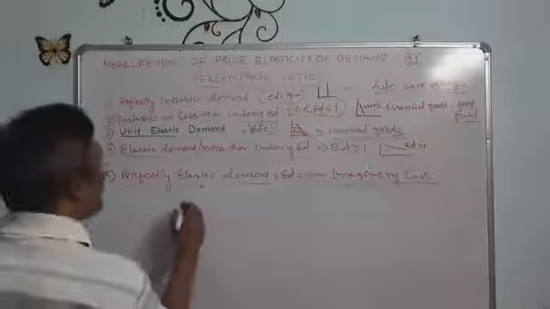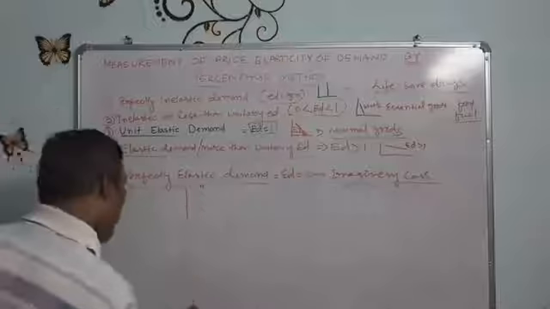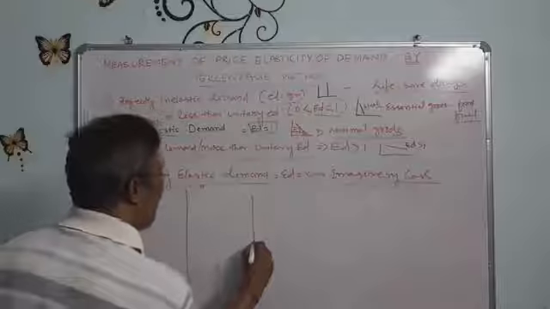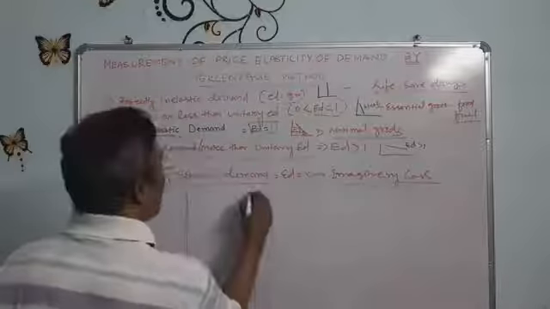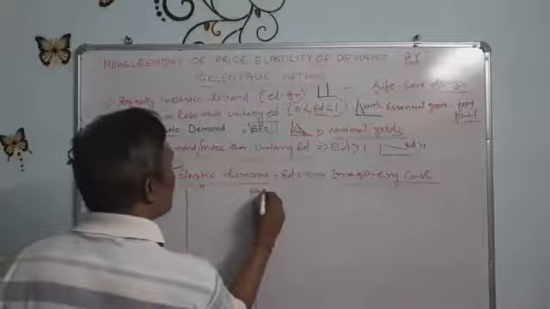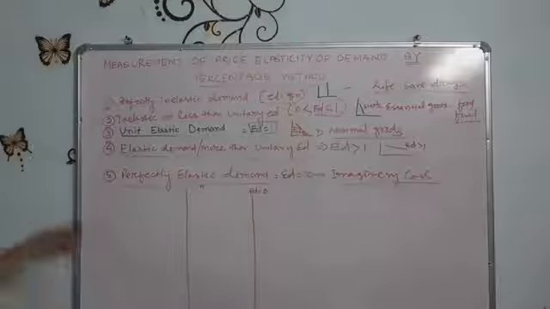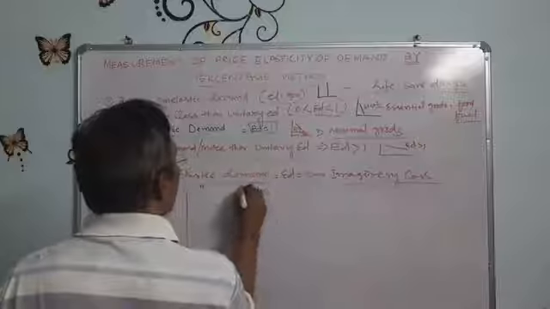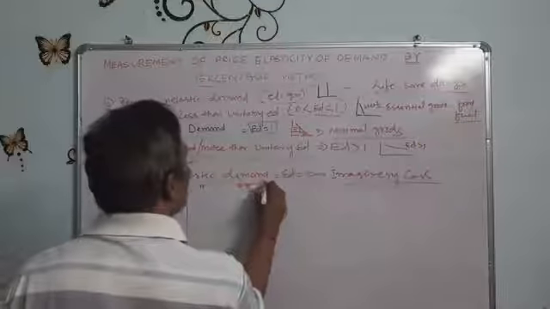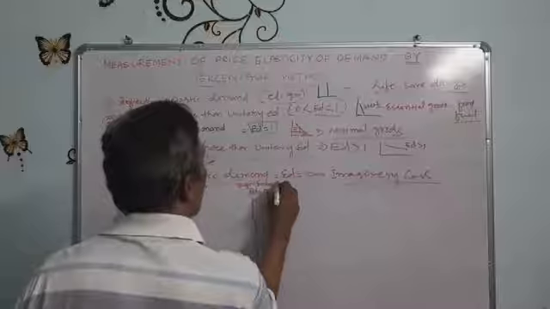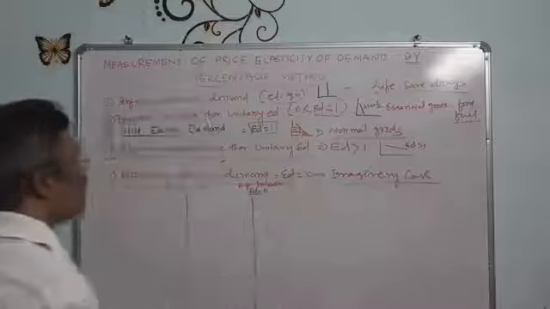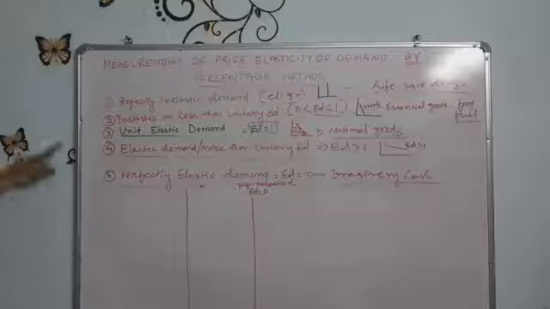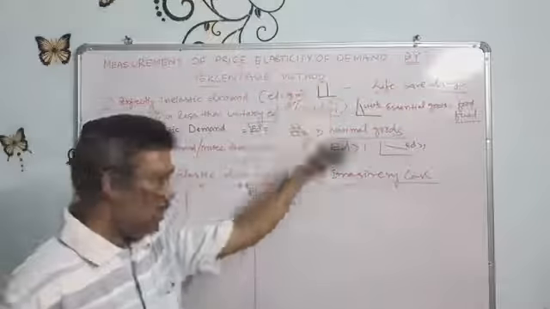Perfectly inelastic demand: elasticity of demand equal to 0. It is perpendicular to the X-axis, and is the case of essential goods, life saving drugs.